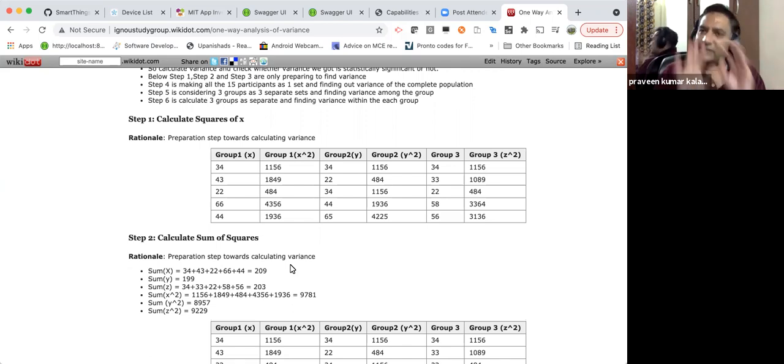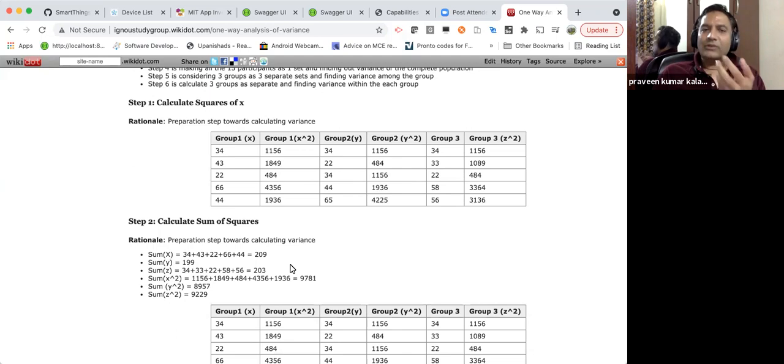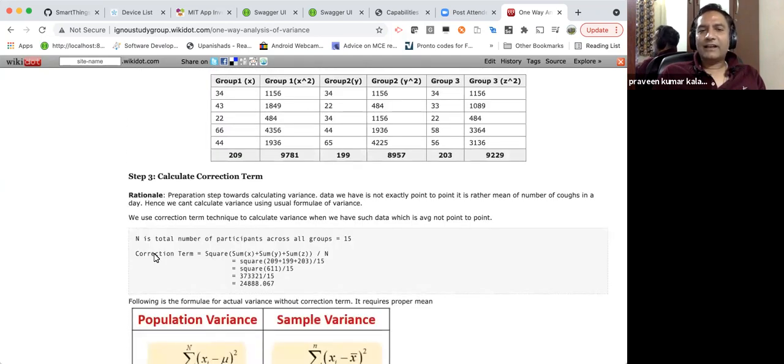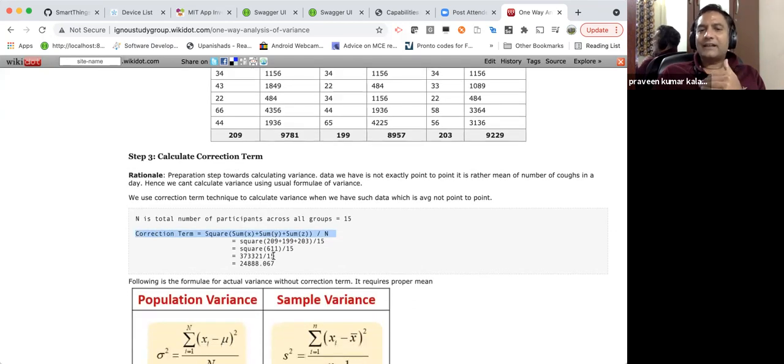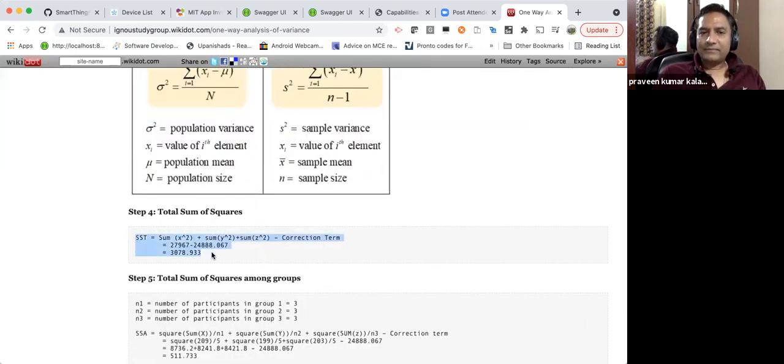But here you are still finding out variance, but it is slightly different. It is not overly different; it is still almost similar. But there is something called a correction term which also comes into the picture. So you actually deduct this correction term to make sure that you get the variance.